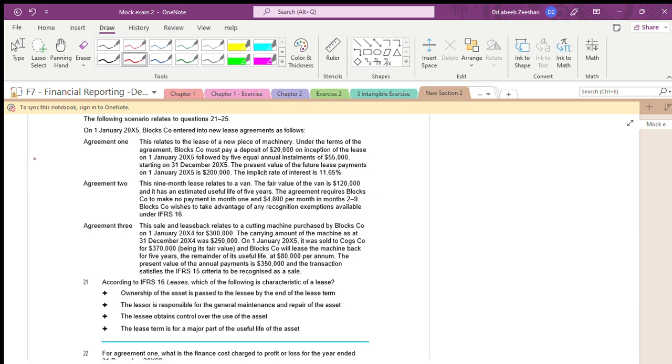On January 1st, 2005, Block entered into new lease agreements. They are asking, according to IFRS, which of the following is a characteristic of a lease?